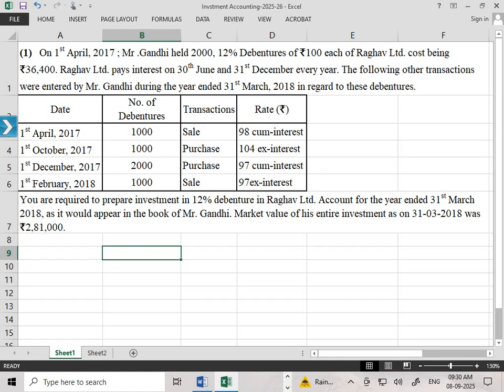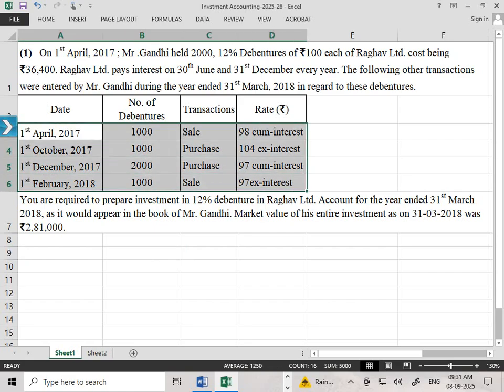The following other transactions were entered into by Mr. Gandhi in the year ended in debentures. We will take them one by one.